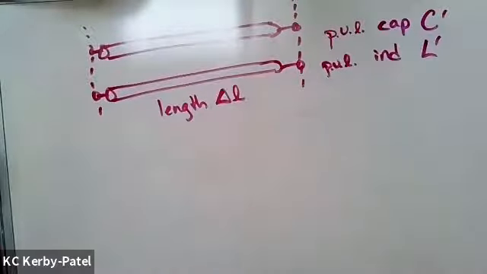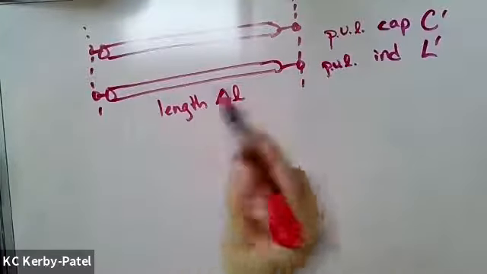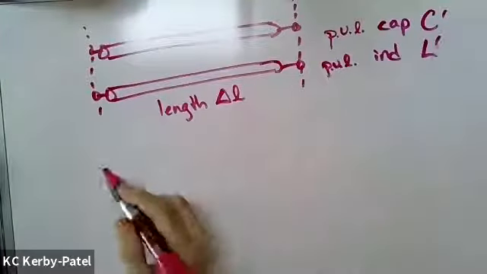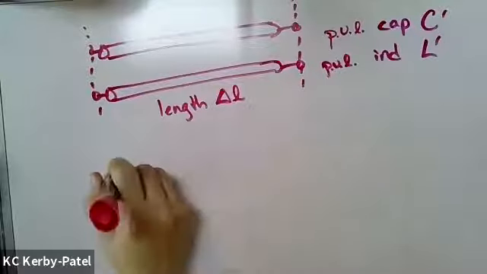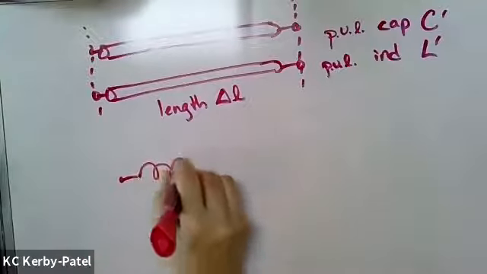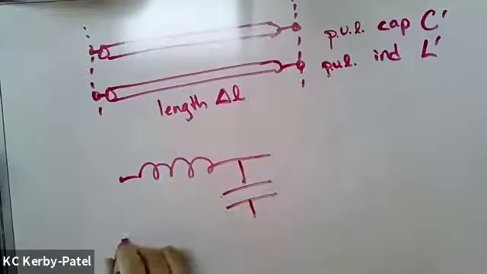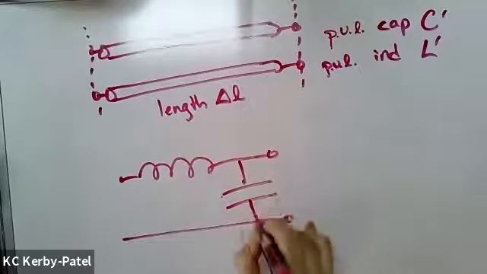And it has length delta L. Let's say that delta L is really short, so we can treat these as lumped quantities. And so this circuit is approximately equivalent to an inductor and a capacitor connected like this.